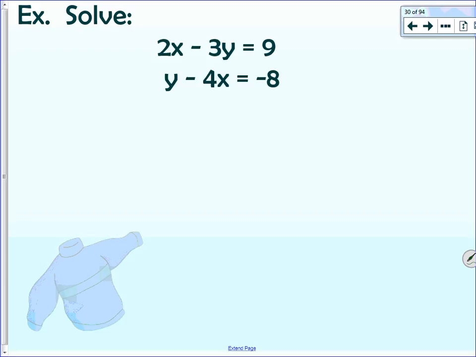Would you do it like you would do y equals, and then you can have y equals? So you want to solve for y? Yeah, because why not?